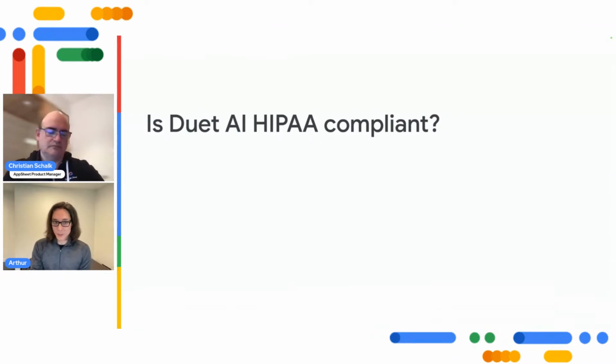I don't know about the other Google products, but I can tell you that Duet AI is not HIPAA compliant in AppSheet, in the sense that I don't think we have the certification. It doesn't mean it won't be, but at this point, if you need to be HIPAA compliant, please don't use Duet AI in AppSheet for app creation or for end users.